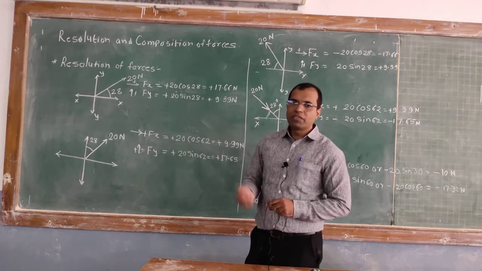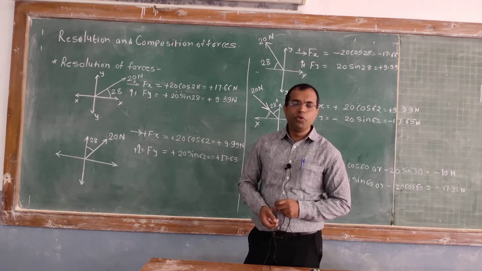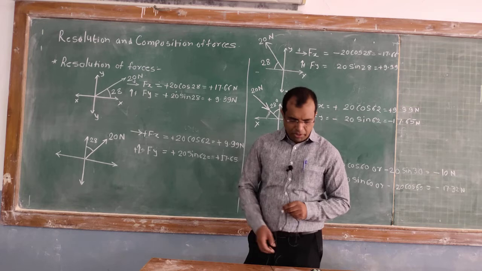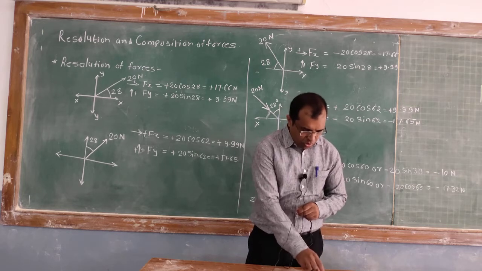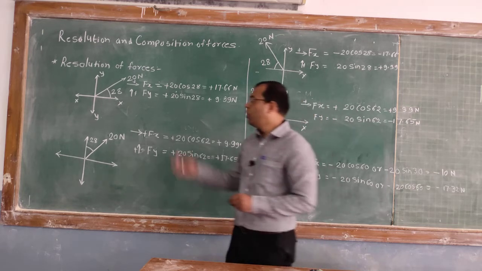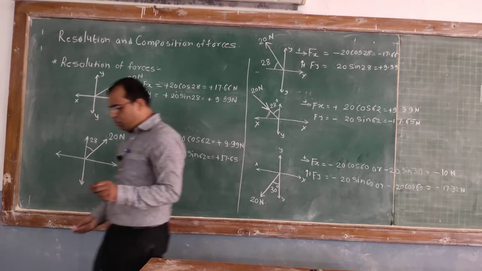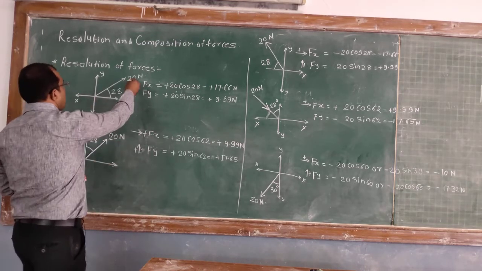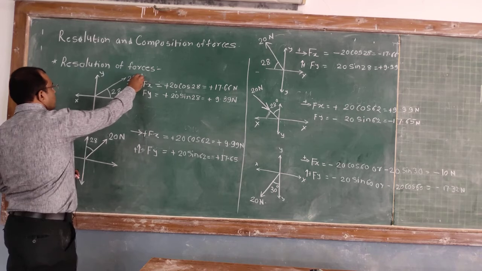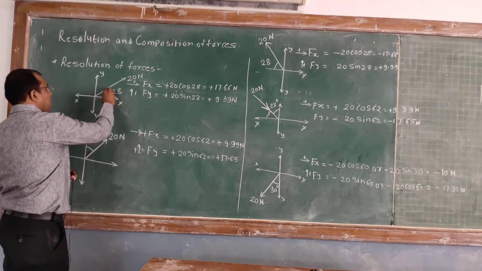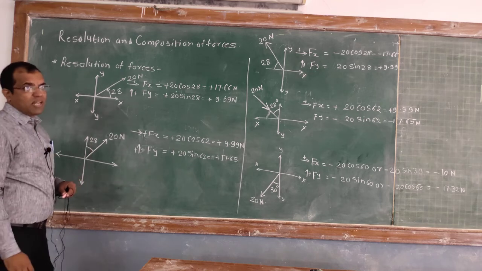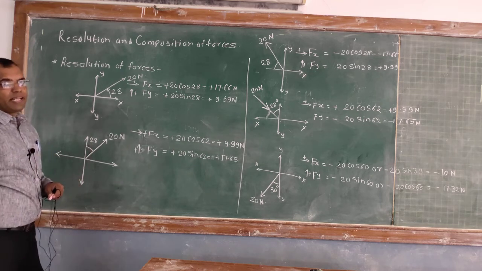First we will solve some numericals based on the resolution of forces. Very simple numericals, please concentrate on the board. In front of you I have written one numerical. A force of 20 Newton makes an angle of 28 degrees counterclockwise with respect to the x-axis.